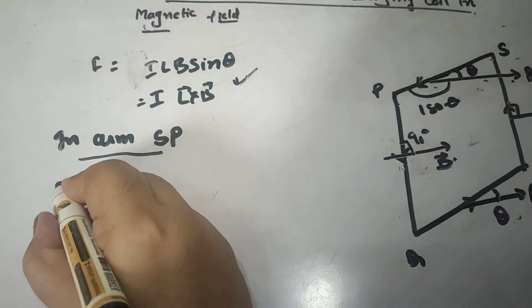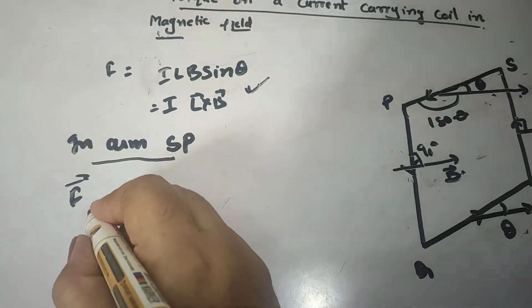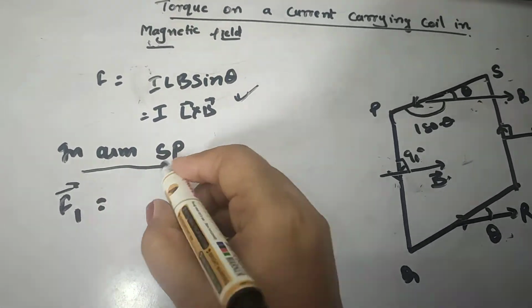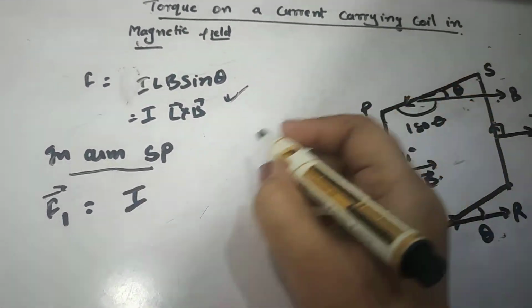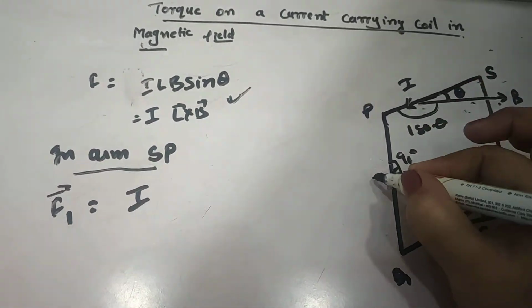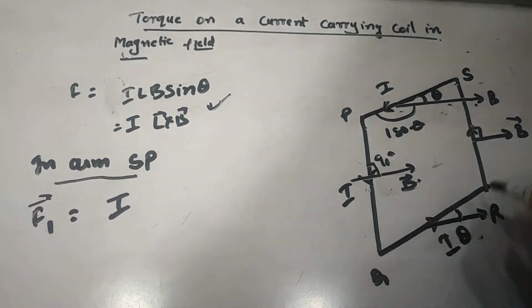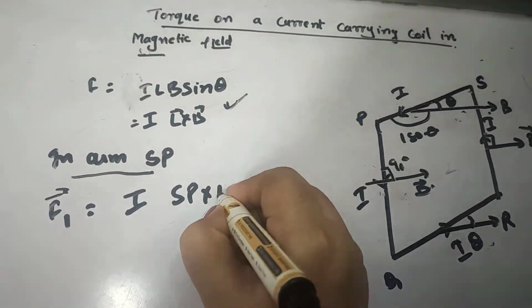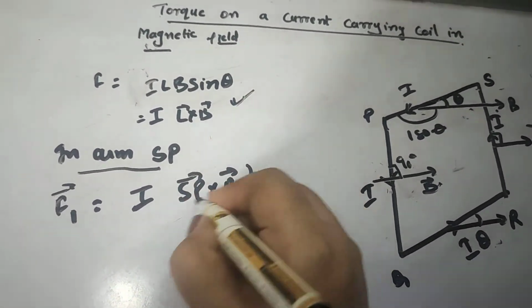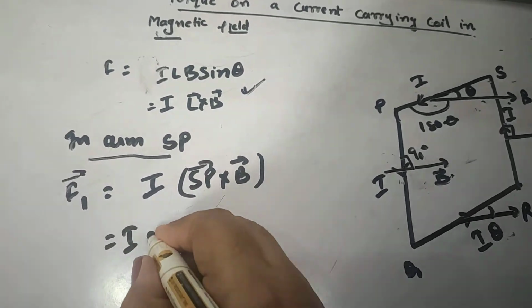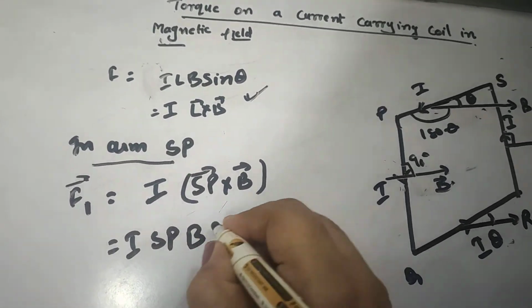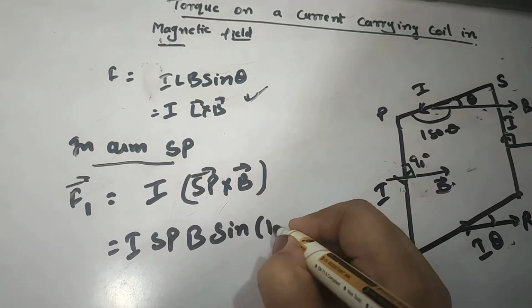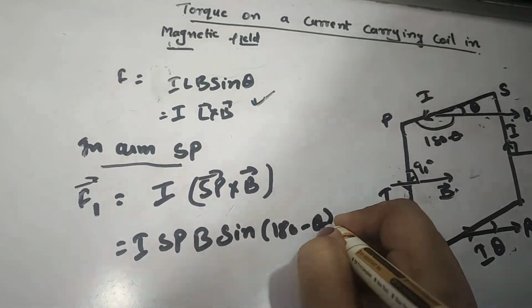So we'll write F vector, let us represent this as F1, is equal to I, current I is passing through this coil, SP cross B, or this is I SP B sine of 180 minus theta.